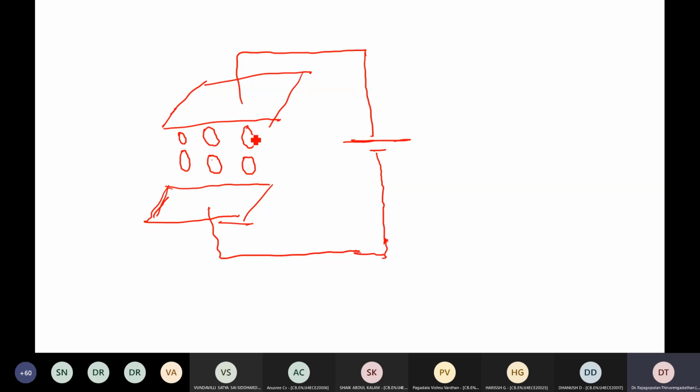Now, because this plate is positively charged, the negative electron cloud of the dipole will be attracted toward it, and the positive end will be here. I have only drawn some representative dipoles. So now you can see these dipoles have aligned with respect to the field.